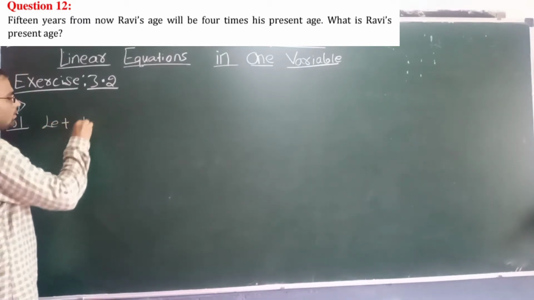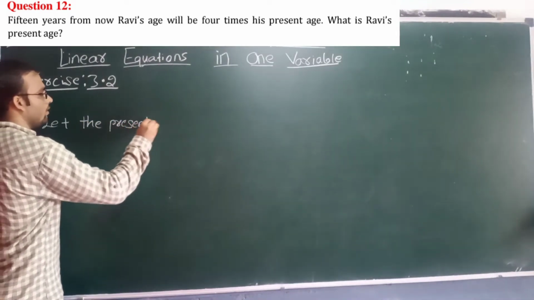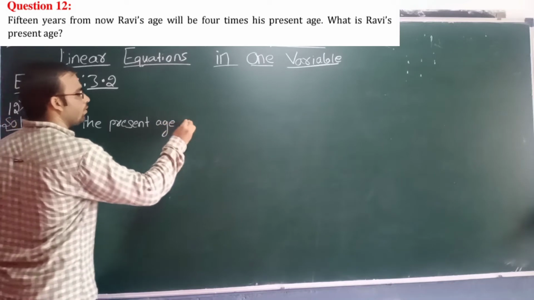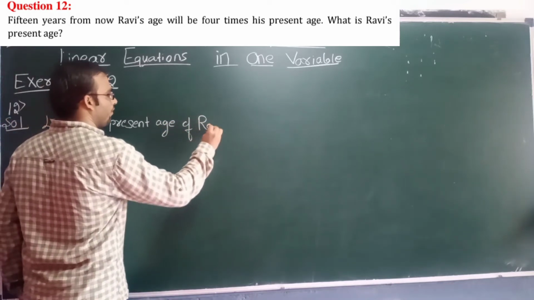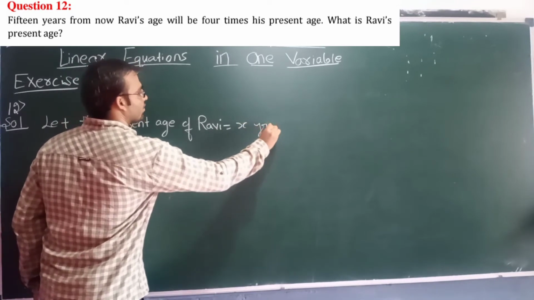Let the present age of Ravi equal x years.